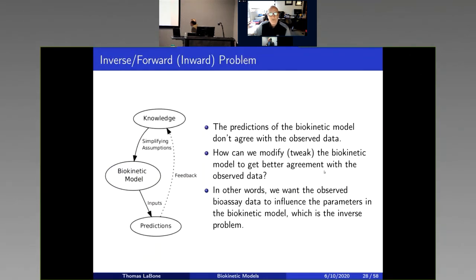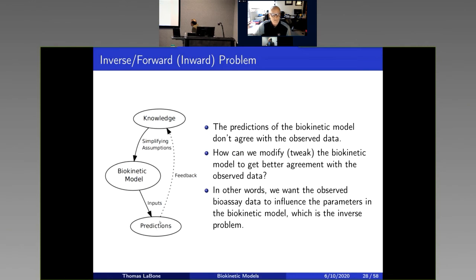Okay, so this is the inverse forward problem, I'll call it, or inward. I guess that's a contraction of it. And so the predictions of the biokinetic model don't agree with the observed data. We ask the question, how can we modify or tweak the biokinetic model to get better agreement? In other words, the inverse problem is knowledge to biokinetic model by an expert, and then the forward problem, the biokinetic model to the predictions by the practitioner.